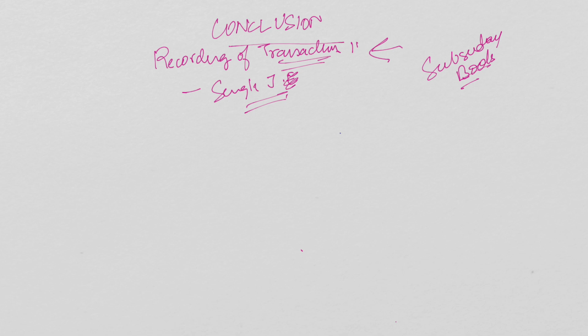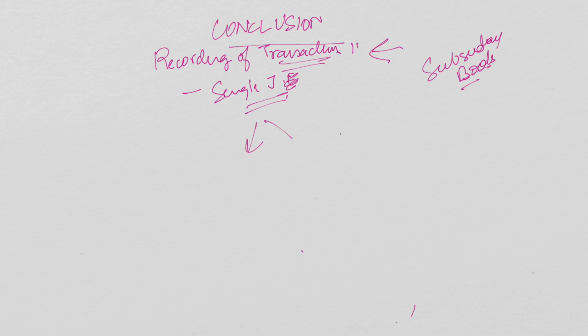To overcome this difficulty, the journal is divided into special purpose books, which are also called subsidiary books. This division helps in saving time, reducing errors, and allowing division of labor.